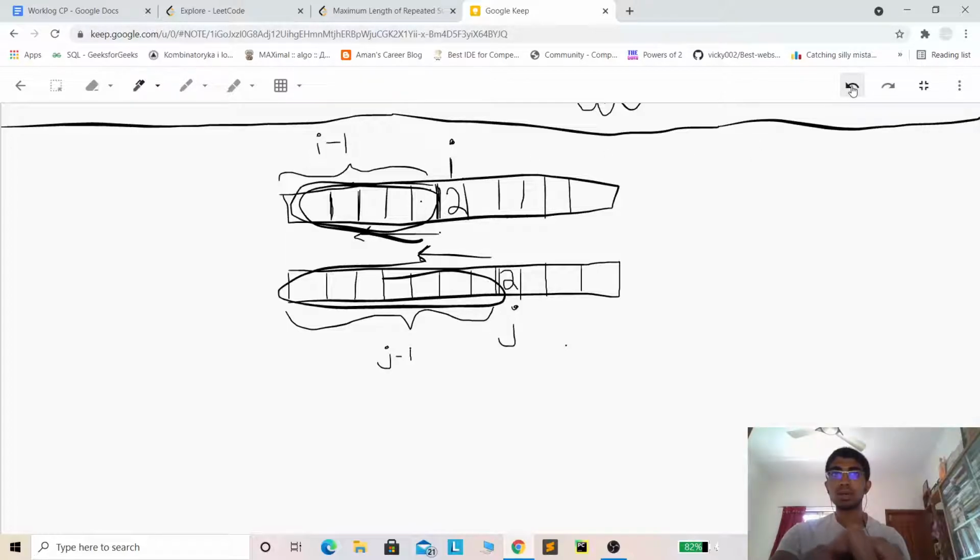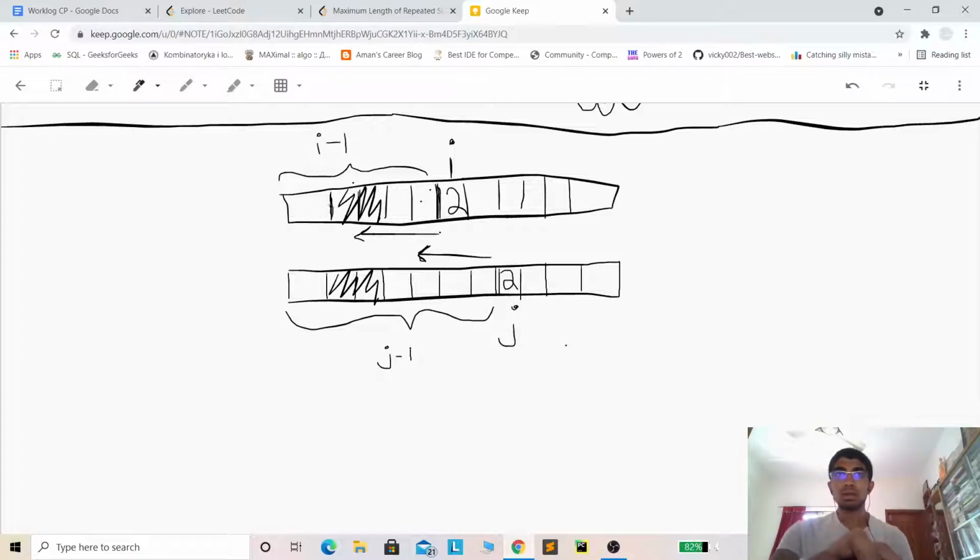The reason is that we cannot consider this as the longest common subarray of i minus 1, j minus 1 otherwise, because we are computing the longest common subarray and not the longest common subsequence. If it was the longest common subsequence, then for i minus 1 and j minus 1, the ending position could be anywhere.